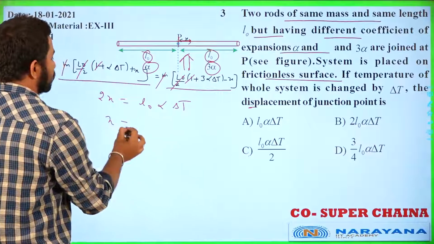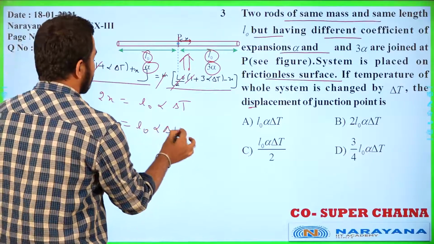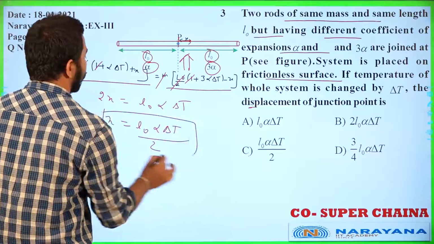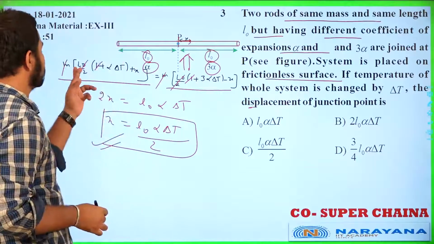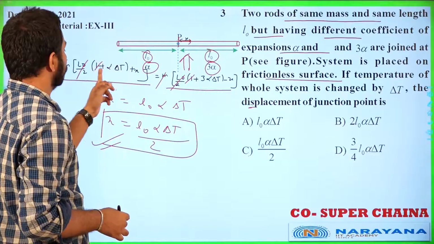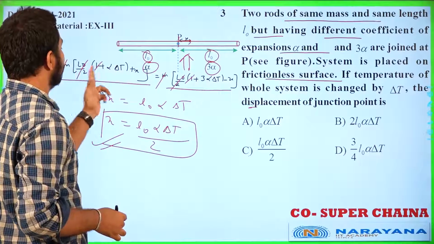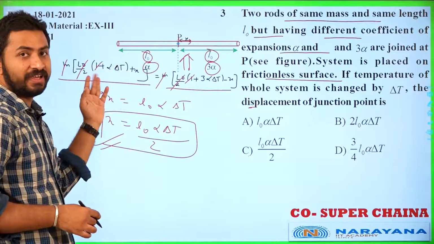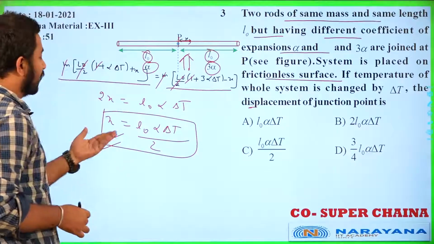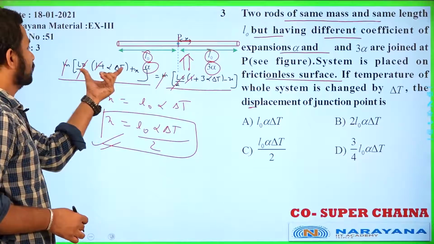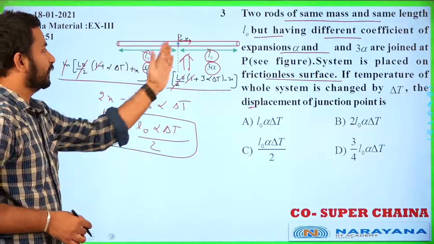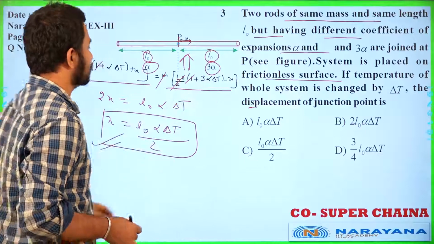So from here x will be equal to L naught alpha delta t by 2, and that will be my required answer for this question, right? This L naught was the initial value which we cancelled; it will multiply with this alpha delta t. So just be careful on the calculation part. X we have to calculate here, right? Whatever the expansion plus this displacement, I have done this expansion plus this displacement.